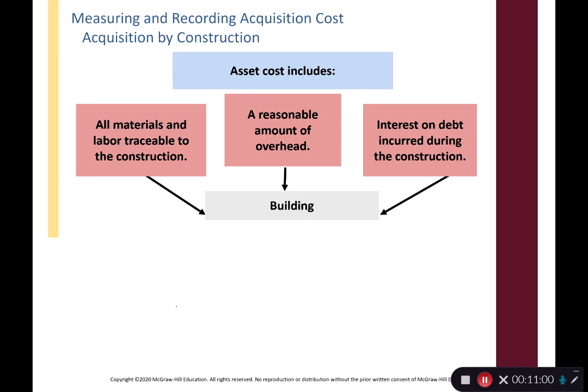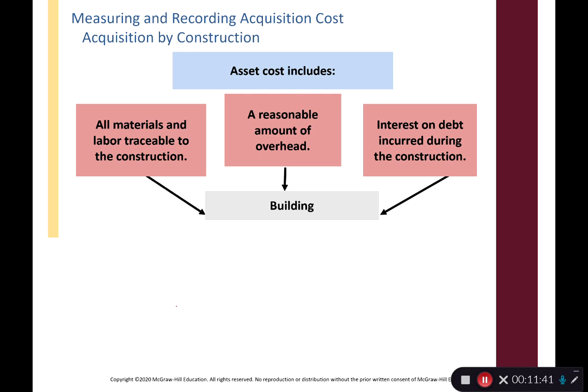Asset costs, when we are building an asset, include all materials and labor traceable to construction. It includes a reasonable amount for overhead costs, which are the costs associated with various things that go into building a building, like the utilities and other costs associated with the architect and their office and the little trailers that you see outside getting set up outside of a construction site to run the construction site.